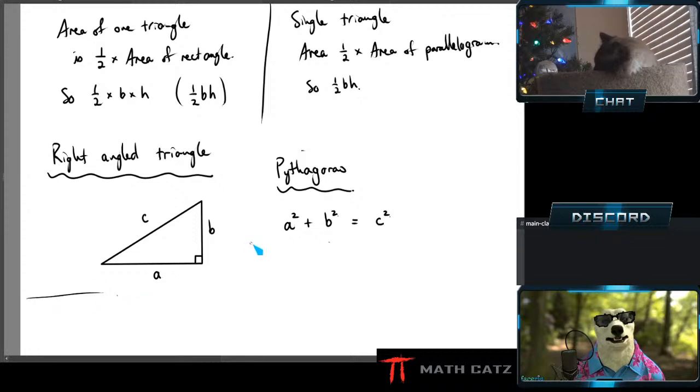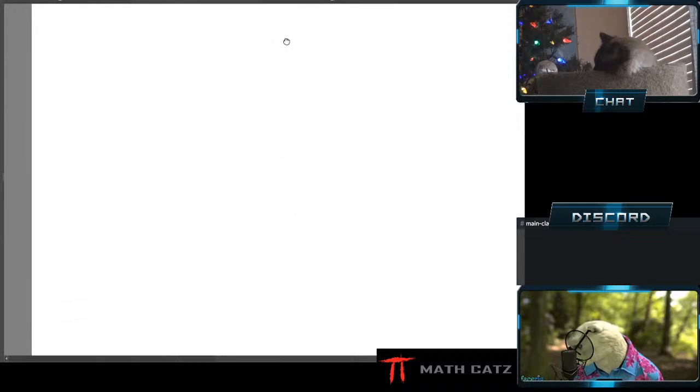Then when it comes to a quadrilateral, there is one more general version I want to have a formula for. Space here, I hope I do. And that is the trapezoid. Let's draw one.